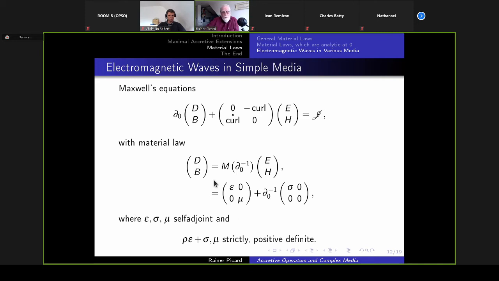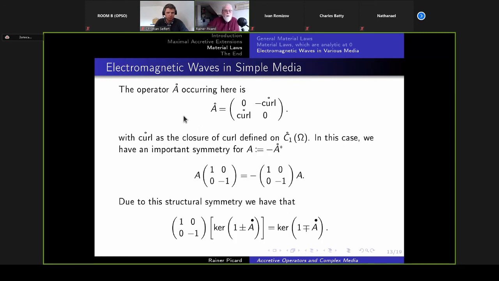Okay, and the requirements are written here. Rho epsilon plus sigma and mu are supposed to be strictly positive definite for sufficiently large rho. Well, if epsilon itself is strictly positive definite, then we can always achieve that for any rho which is larger than 0.